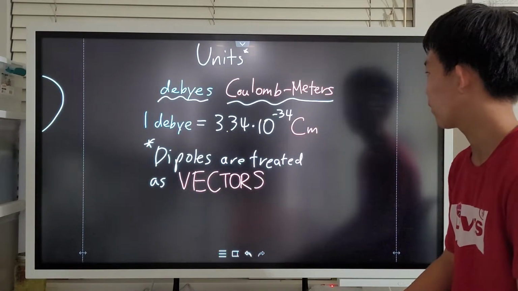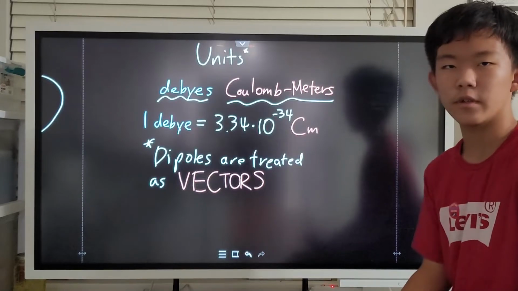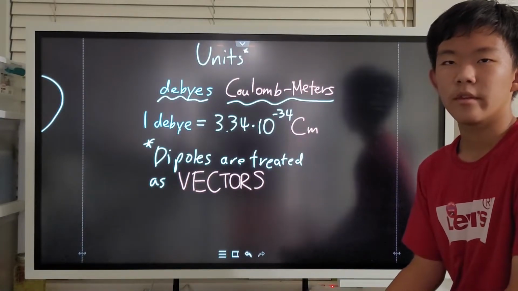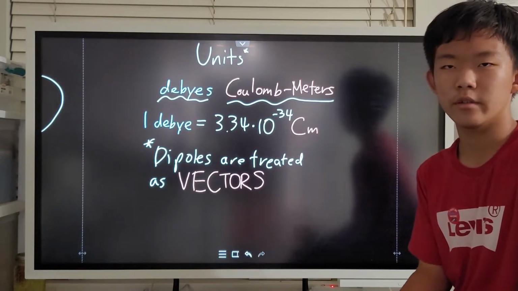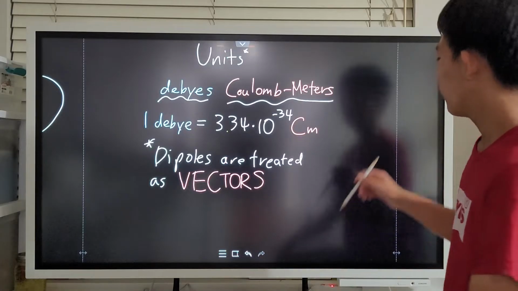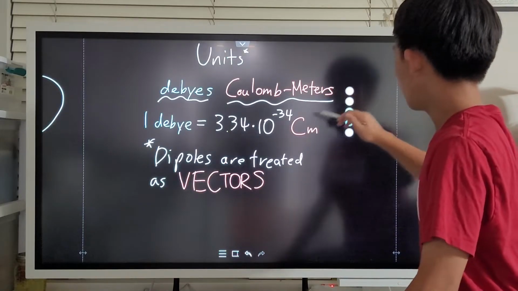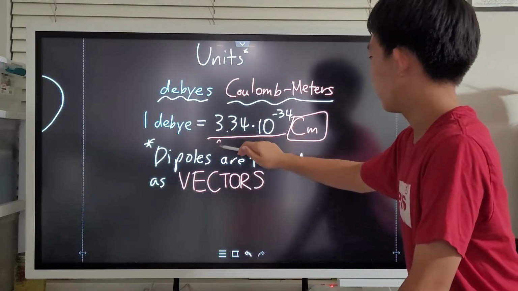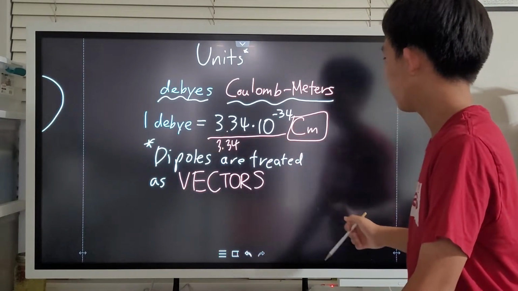Just for fun, let's try and convert this equation into coulomb-meters in terms of x debye. Since we want to isolate the coulomb-meter term, we're going to divide the whole thing by 3.34.